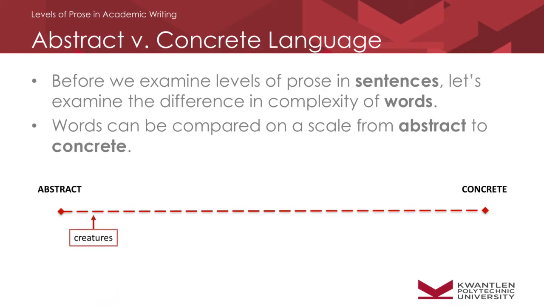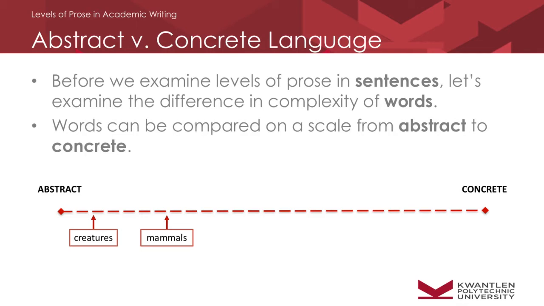If we take the word creatures, it's a very abstract general term. It could apply to everything from bugs to whales to dolphins to squirrels. If we move along the axis to the right towards the more concrete, we could put mammals.